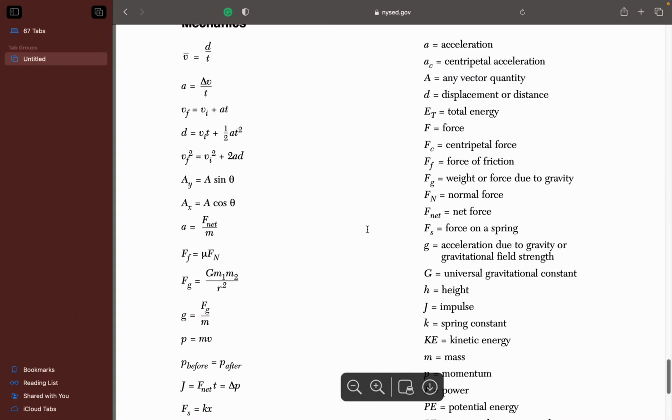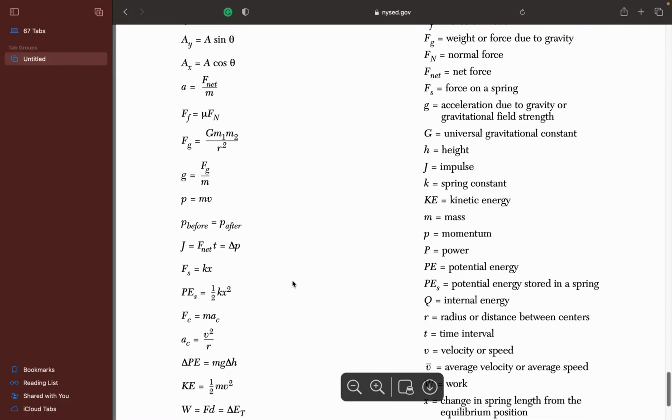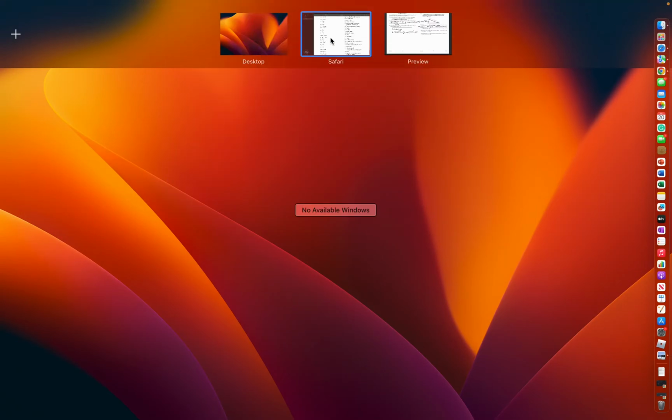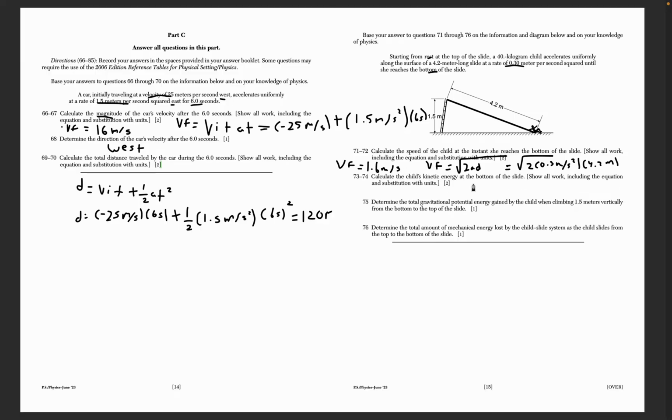Okay, next, calculate the child's kinetic energy at the bottom of the slide. Okay, so the kinetic energy is equal to 1/2 mv squared. The velocity we're going to be using is the one we just calculated right here, because it's asking for the bottom of the slide, and we found the speed for the bottom of the slide. So K equals 1/2 mv squared.